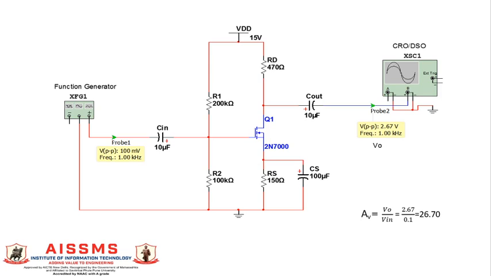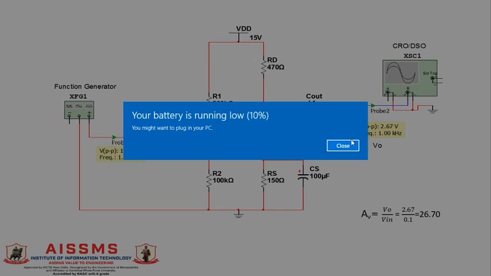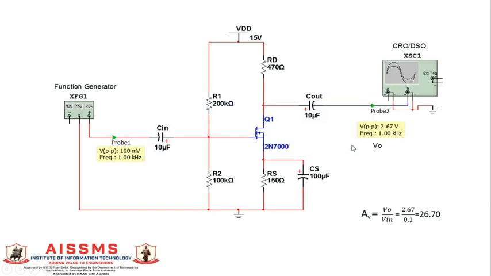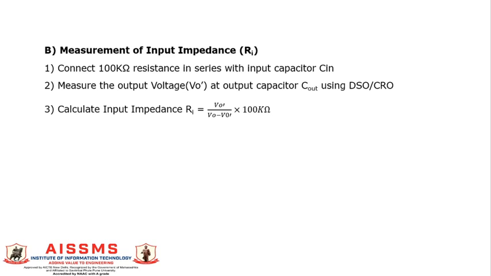If we simulate this circuit, we have got V0 equal to 2.67 volt. At the input, V in is 100 millivolt peak to peak, and that's why gain is V0 by V in, that is output voltage divided by input voltage, which is equal to 26.70. Gain is a unitless quantity.